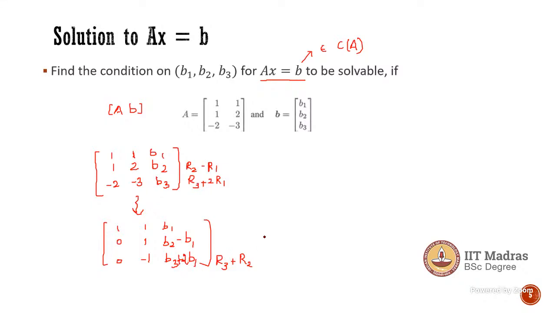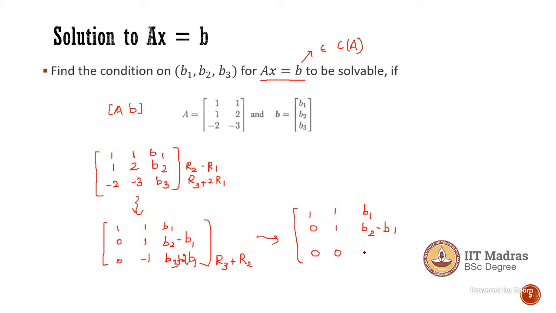So now your reduction process will be 1, 1 and B1. The second row will be the same: 0, 1, B2 minus B1. And your third row is 0, 0, and minus 1 plus 1, which is equal to 0, with B3 plus 2B1 plus B2 minus B1 on the right.